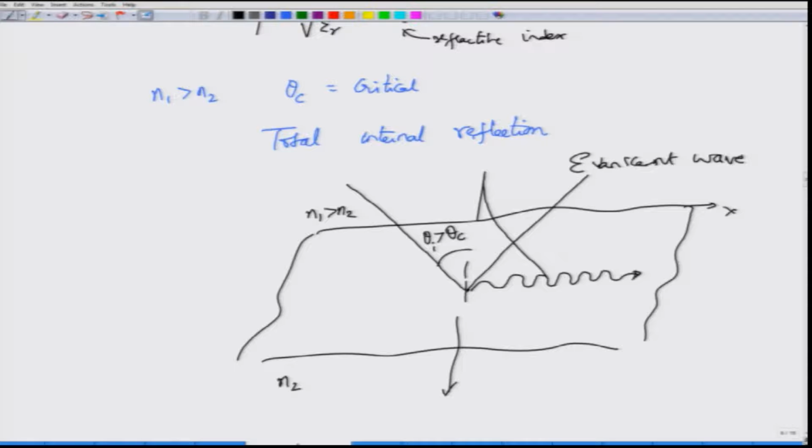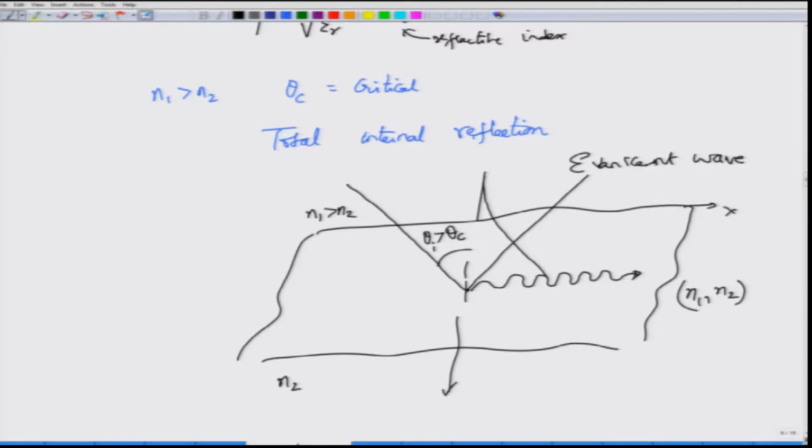Okay. Evanescent waves do not carry any power. You can show by calculating the electric field and magnetic field that they will be 90 degrees out of phase with each other, and therefore they carry no power. However, the amplitude of the electric field will decay. Okay. The rate at which this decays depends on the difference between N1 and N2. If the difference is large, then it will decay faster.